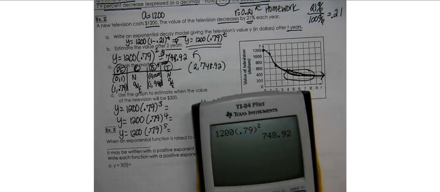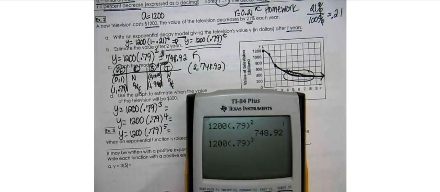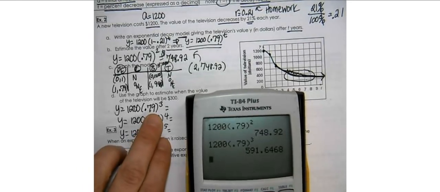So I'm going to enter into my calculator all of my exponents, and it looks like at 0.79 to the third power we have 591.65. And that's not anywhere close to 300, so that is out.